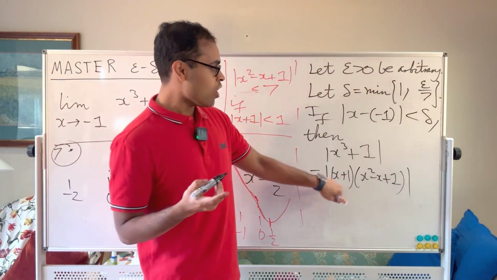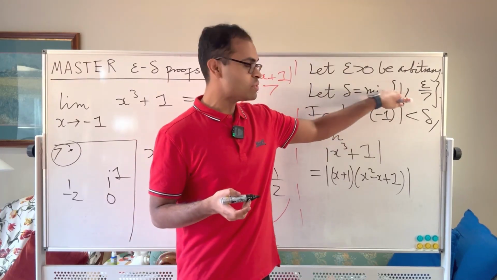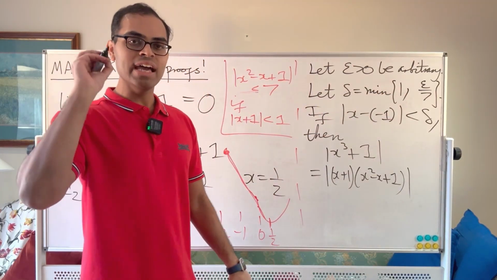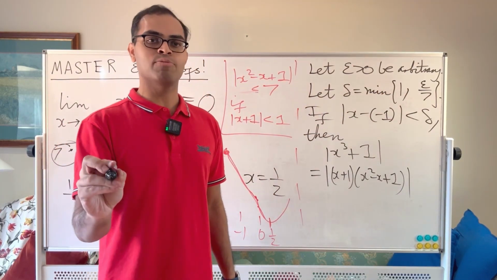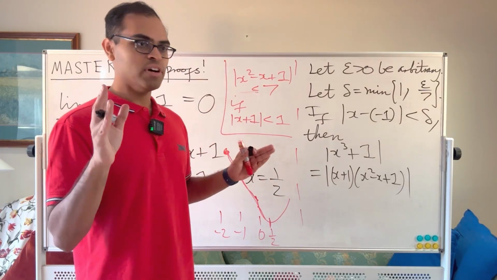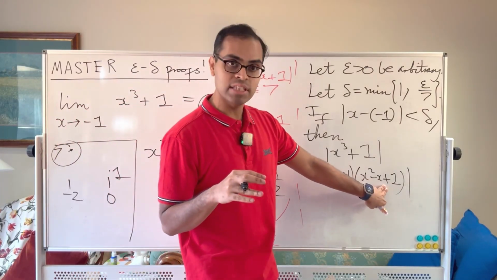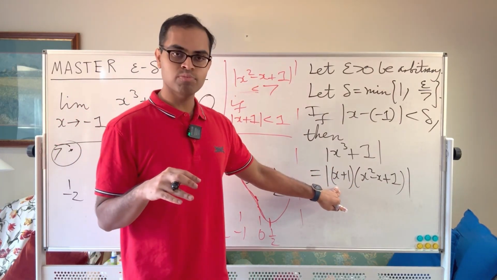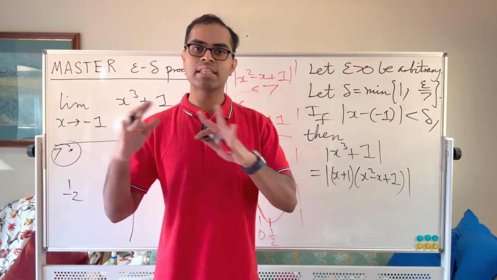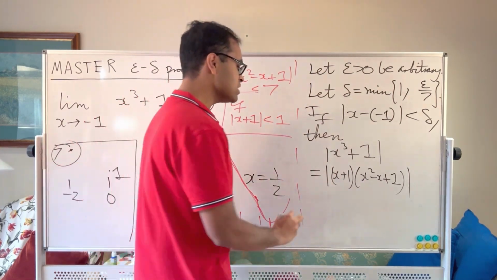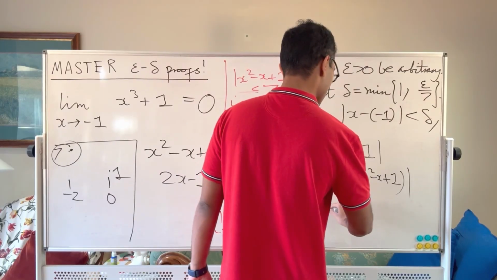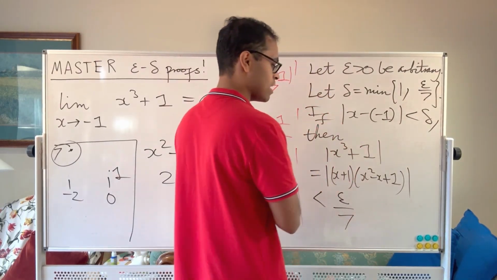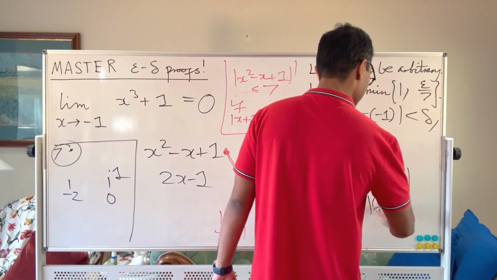We know that because our delta is the smaller of 1 and epsilon over 7, it's in particular less than or equal to epsilon over 7. That's the first step, because we are going to bound this. First we know the x plus 1 part is less than something to do with epsilon. So this is less than epsilon over 7 times the absolute value of x squared minus x plus 1.